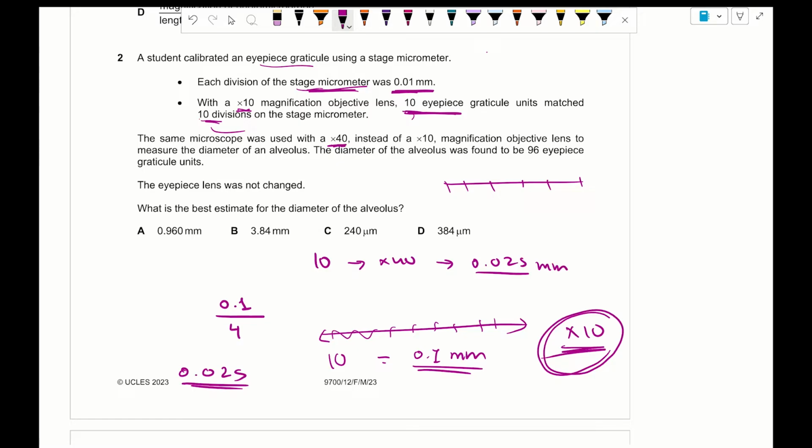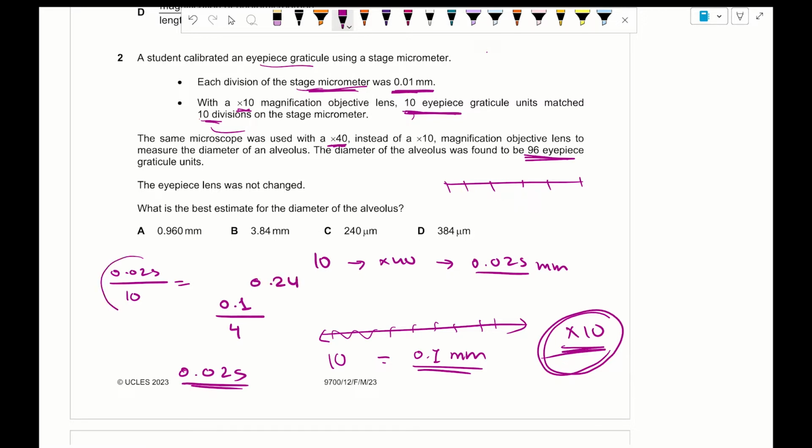Now, we want to know what 96 eyepiece graticule units would be. What we do is divide 0.025 by 10 first, and then multiply that answer by 96. So we get 0.24.